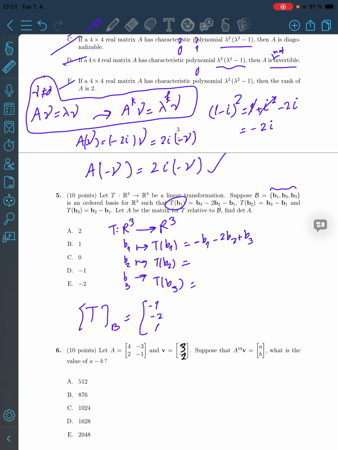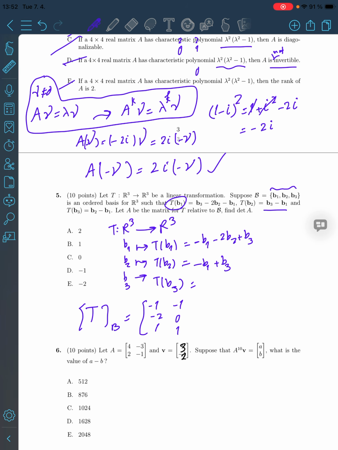Now it's time to compute the second column. The second column, T of B2, is -B1 plus B3. So therefore I have -B1, 0 for the coefficient of B2, and then 1.